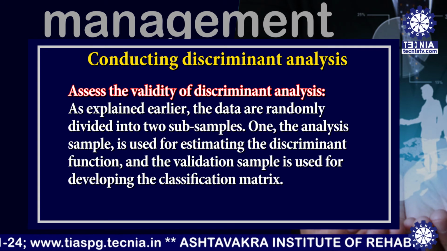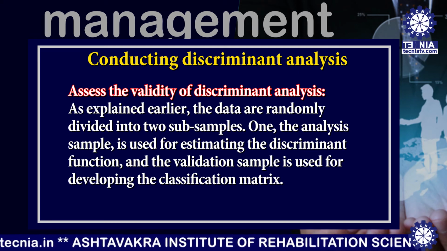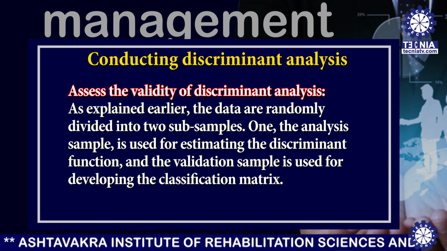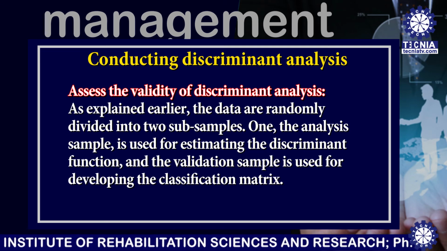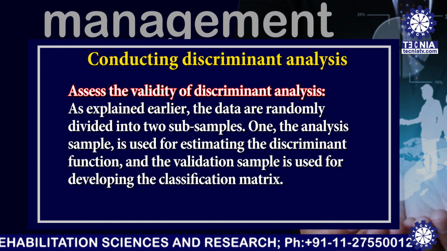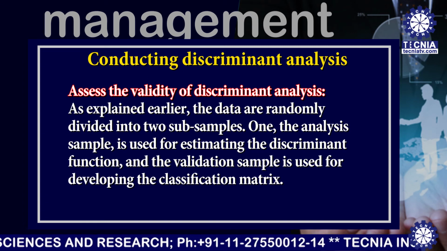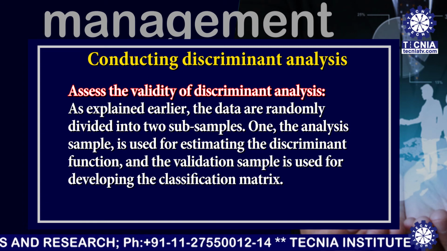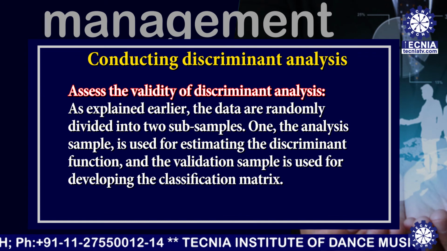Now I am explaining step 5, which is assess the validity of the discriminant analysis. As explained earlier, the data are randomly divided into two subsamples. One, the analysis sample, is used for estimating the discriminant function and the validation sample is used for developing the classification matrix.